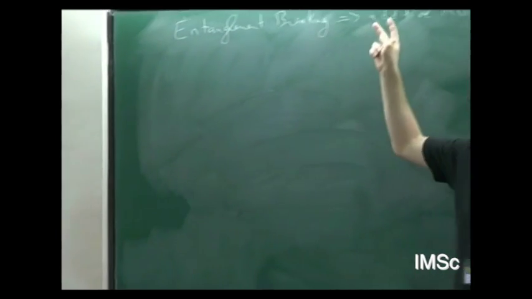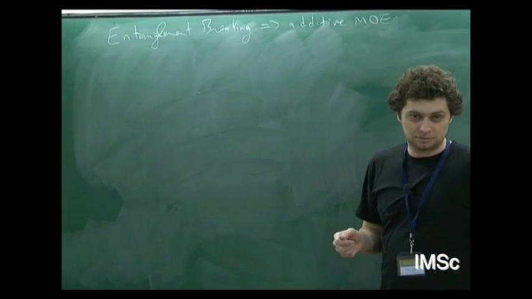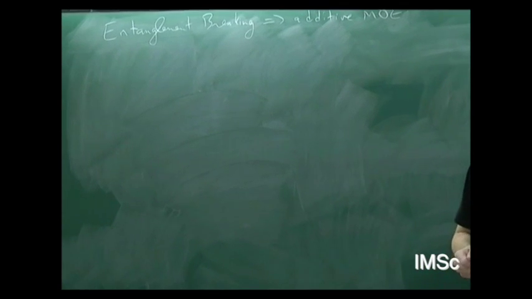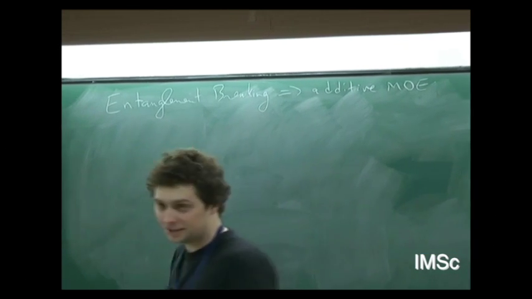Okay, so what's our first step if we want to prove this claim? If it is entanglement breaking, then if you have entanglement in the input, that will be broken. Okay, this is correct. The first step is I should define entanglement breaking.